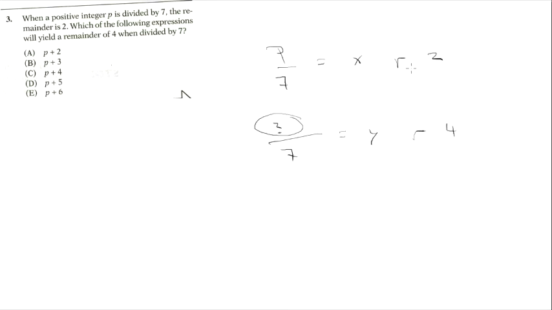Okay, so if you were to take this original number and add 2 to it, that would add 2 to your remainder. Or if you added 9 to it, that would also add 2 to the remainder, because 7 out of those can then go into making this guy be x plus 1, and you'd still end up with the remainder of 2. But either way, p plus 2 is right here.